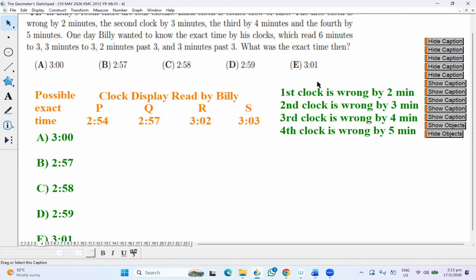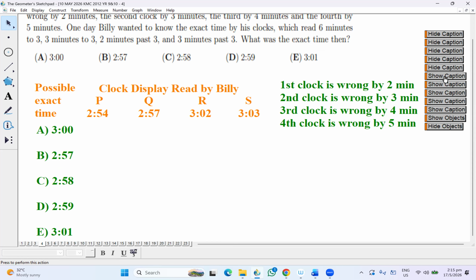So we have to check whether they are wrong by this amount or not, based on the display read by Billy. Billy read the clock, these are the times. So if we check against the possible exact time, then he found that this one is out by 6 minutes.